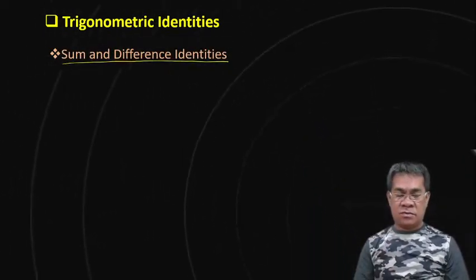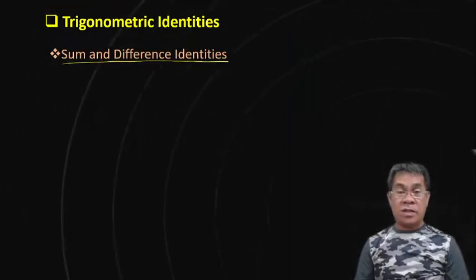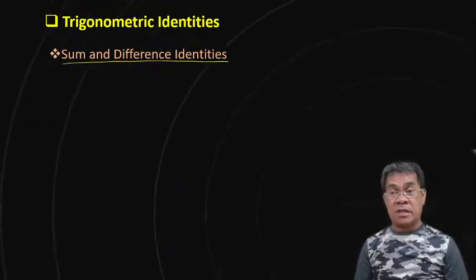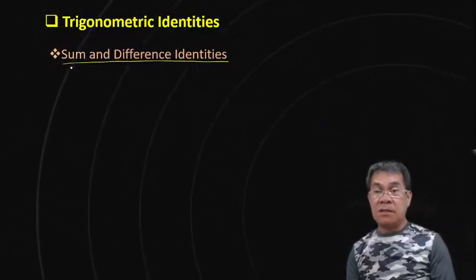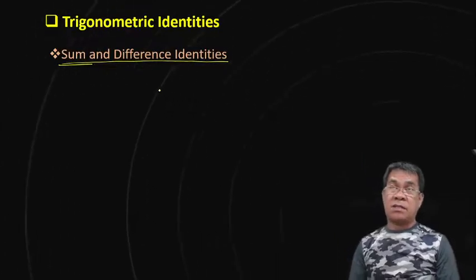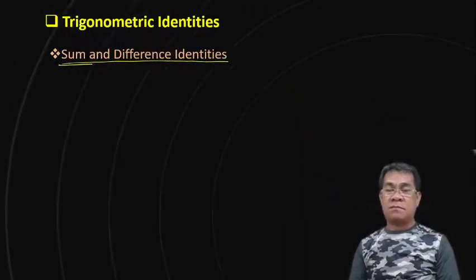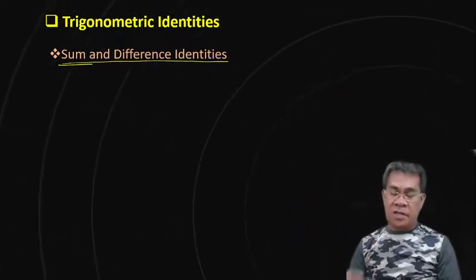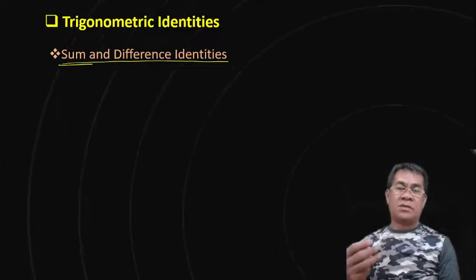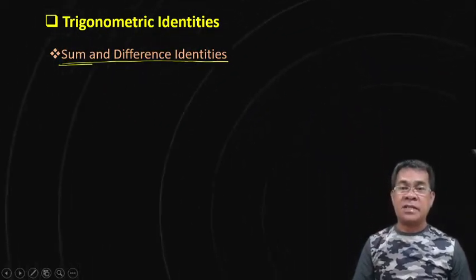There are ways to simplify it, and that is by means of the sum and difference identities. Sum, because we will be using plus, meaning alpha plus beta, or it can be alpha minus beta, angle 1 minus angle 2, or angle 1 plus angle 2. So we call that the sum and difference identities.